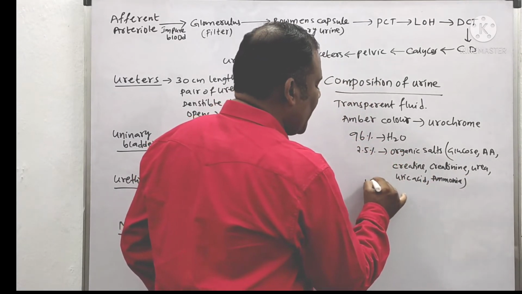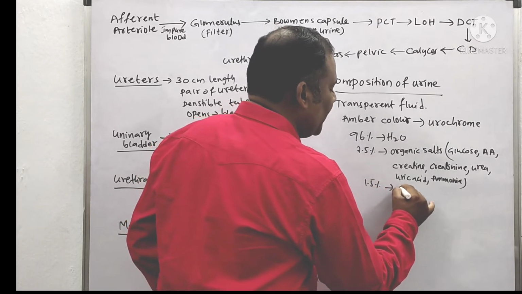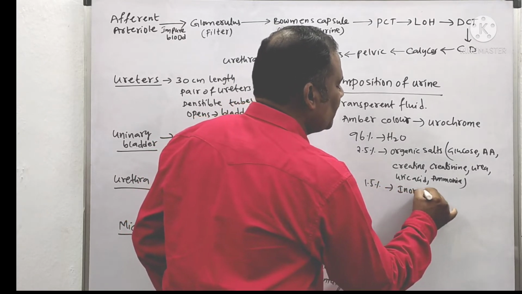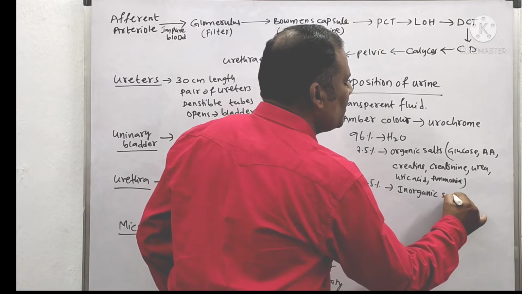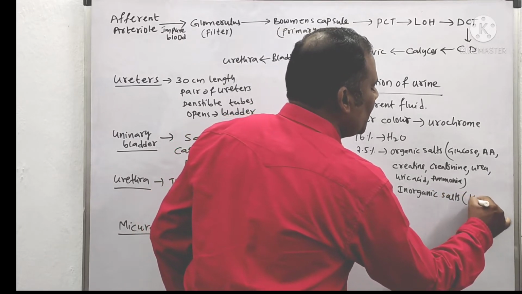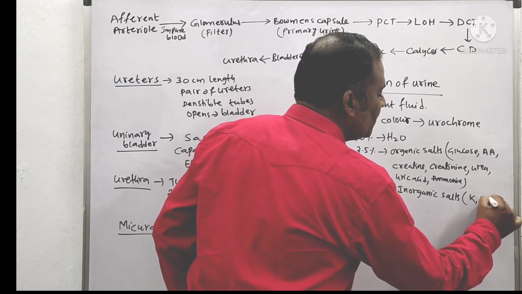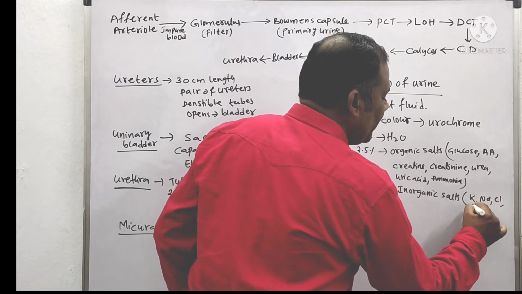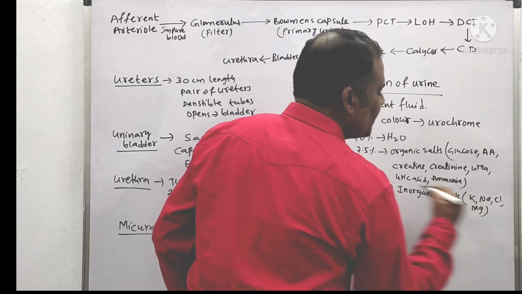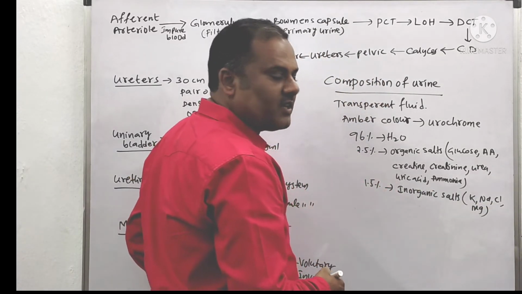Next, 1.5% is what? Inorganic salts. What are these inorganic salts? Like sodium, potassium, chlorine, magnesium, etc. These are the inorganic salts.